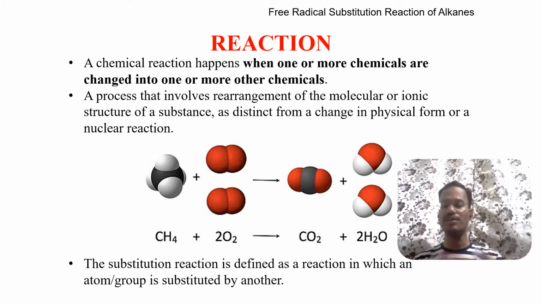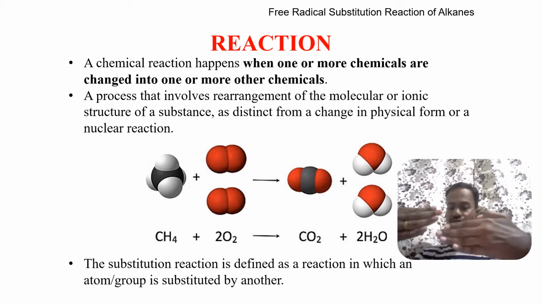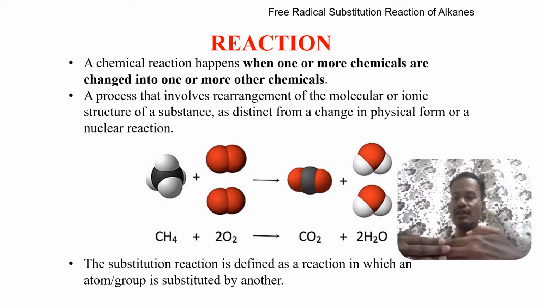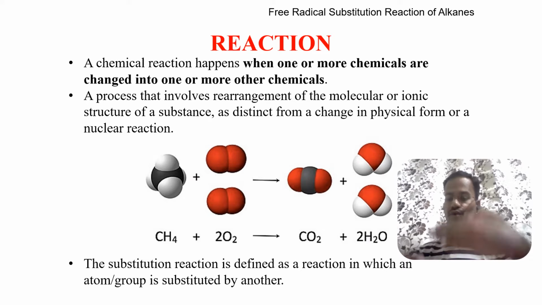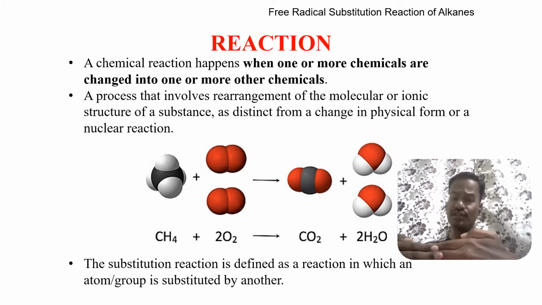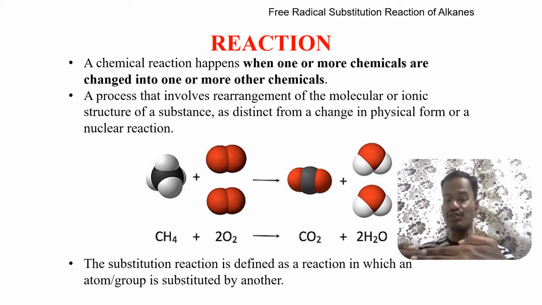Substitution reaction means, consider this is A, this is B. A is in bonding with B. So now try to understand that this B is replaced with a C. Then we can call it a substitution reaction.